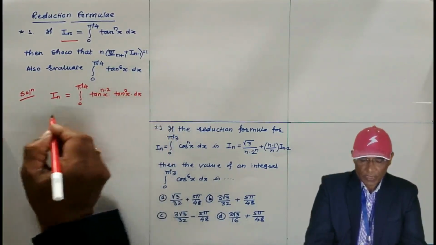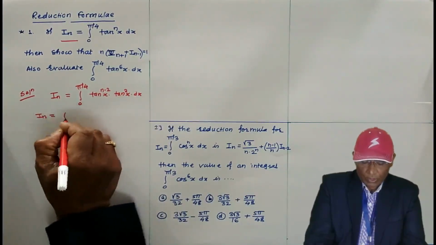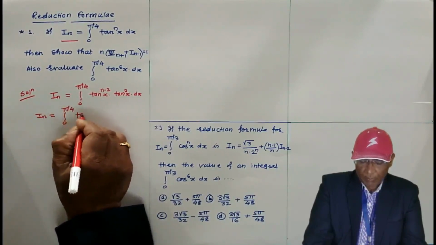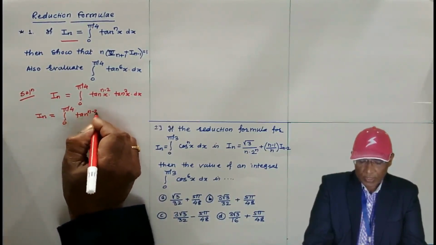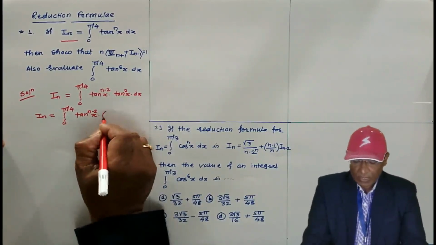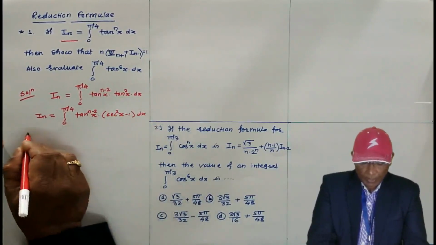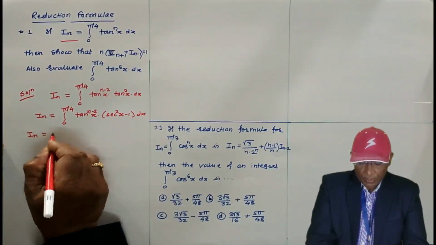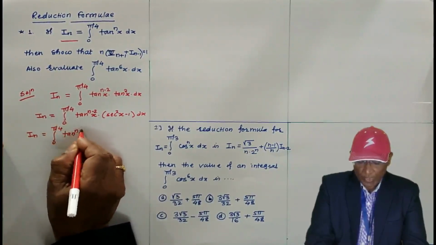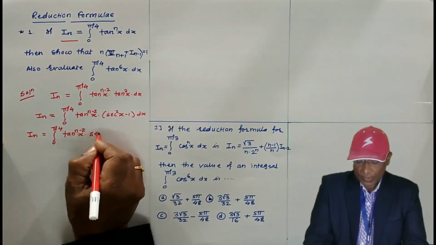By law of indices it will be tan power n. Now in order to simplify it, tan power n minus 2 I am keeping as it is, and tan square can be written as sec square x minus 1, then multiply this outside term tan raised to power n minus 2 into sec square dx.